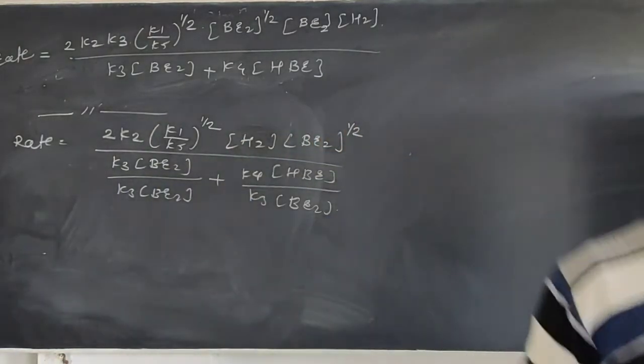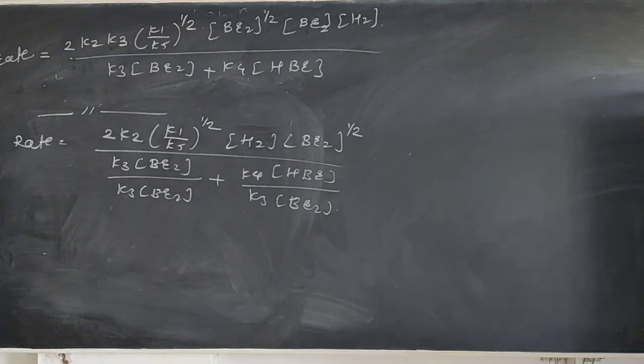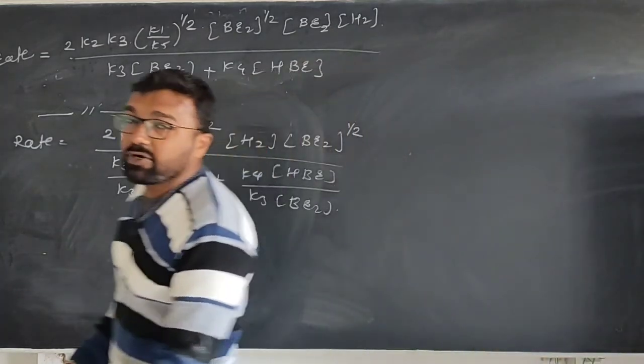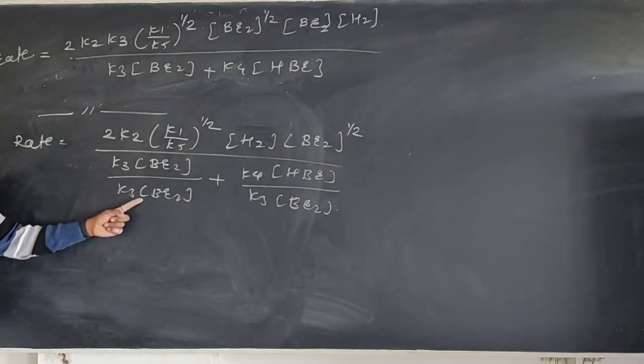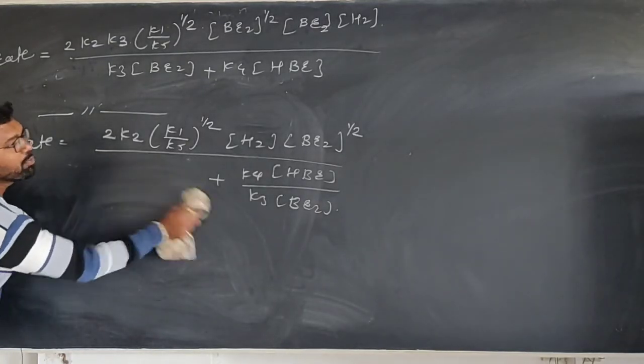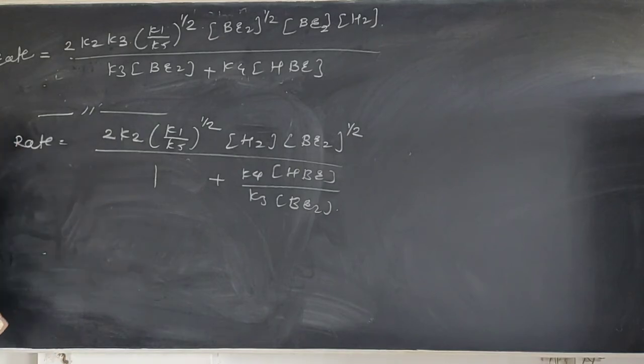This is called multiply and divide both numerator and denominator by K3 into Br2. Here K3 into Br2 divided by K3 into Br2 cancel and the value becomes 1, right?